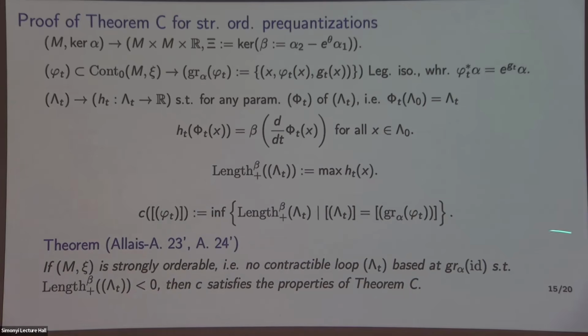Of course, finding an obstruction to the existence of such a loop is usually really hard. As I said, for example, if you take a unitary cotangent bundle, then they are strongly orderable, but you have to use hard techniques. You have to use the fact that the symplectic homology of the Liouville filling does not vanish.